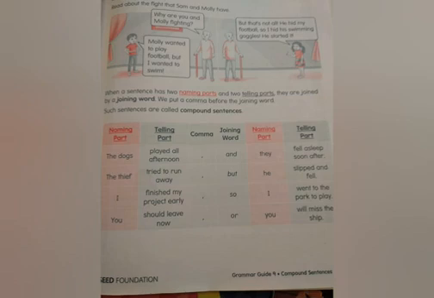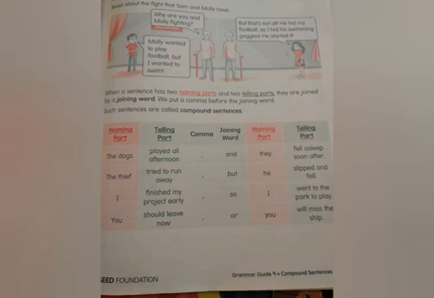Children, by this chart given in your book, you will come to know what is a naming part, what is a telling part, and what are commas and joining words. So, for example, naming parts are the dogs, the thief, I, you, me, the teacher, the students, like this. Telling parts are played all afternoon, tried to run away.